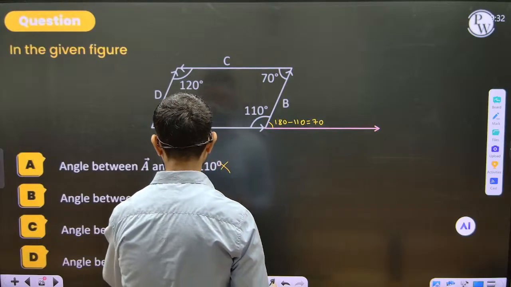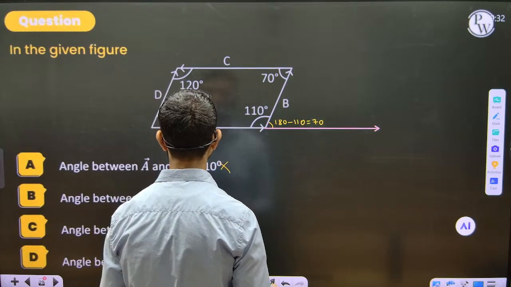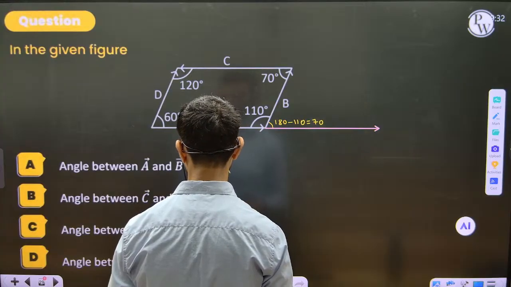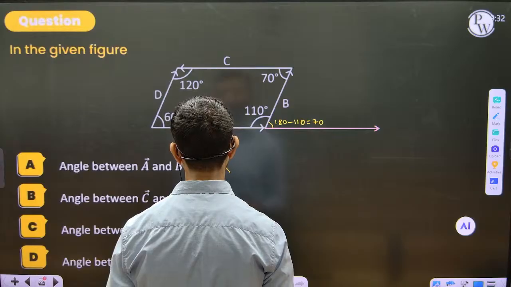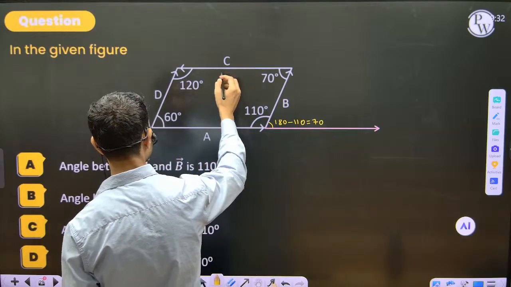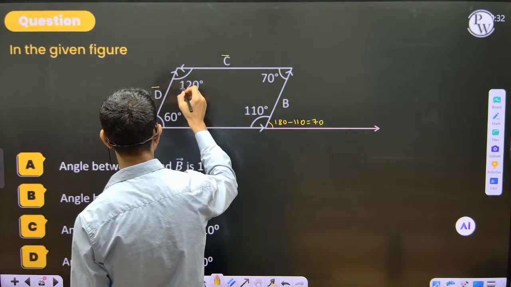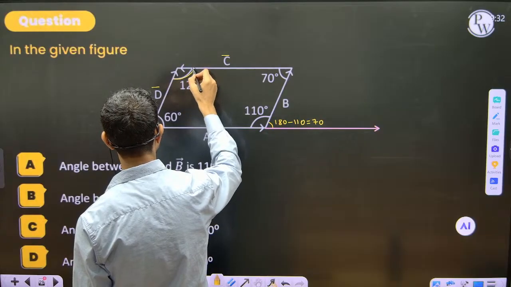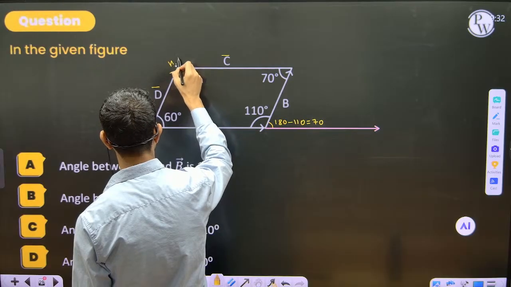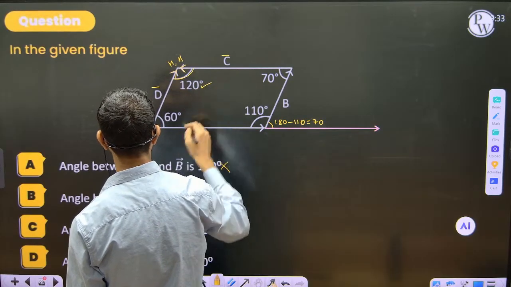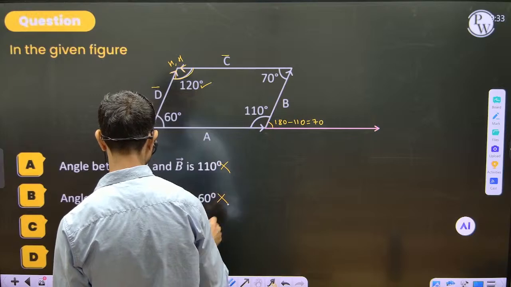Next is the angle between C and D. So for C vector and D vector, the angle is how much? See, head and head are already together. So what is the angle between the vectors? 120 degrees is the angle between the vectors, but they are saying it's 60. That's also wrong.